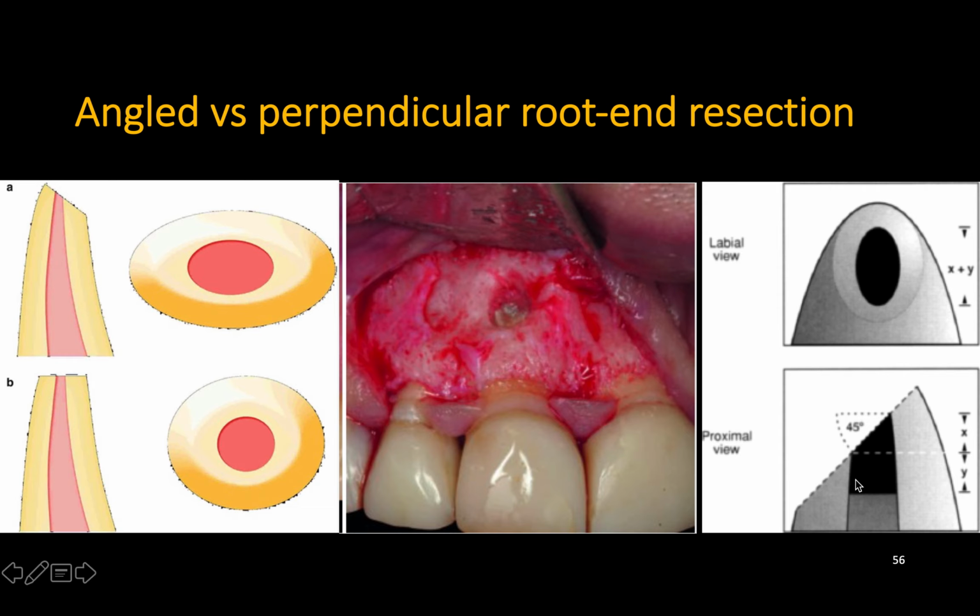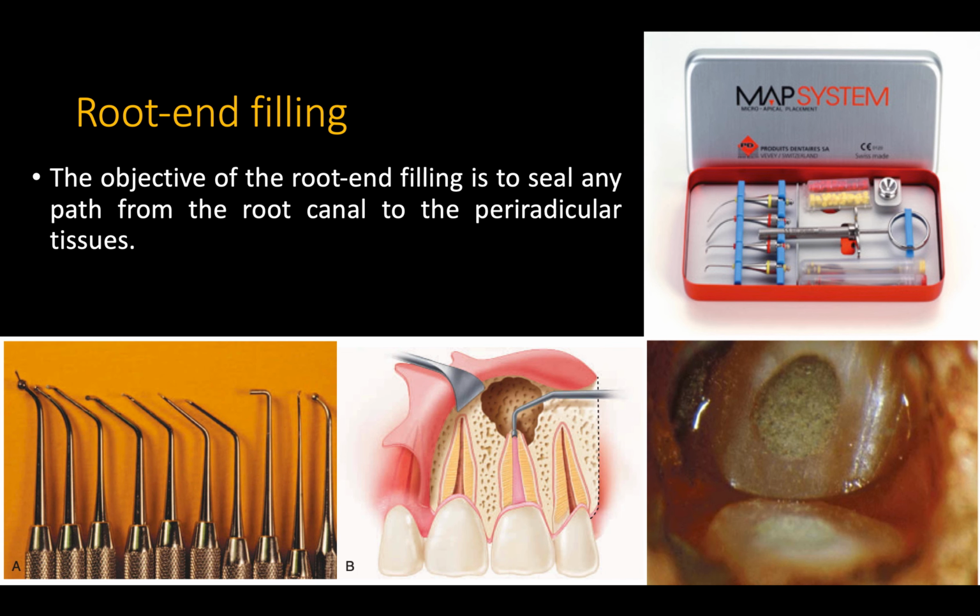So the amount of root end filling that is placed here will be less than the amount placed here, which will lead to probably dislodgement and stresses on the root surface. So it's always better to resect the root end perpendicular to the long axis of the tooth.